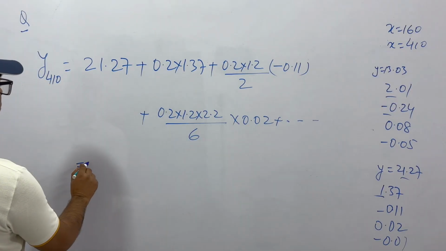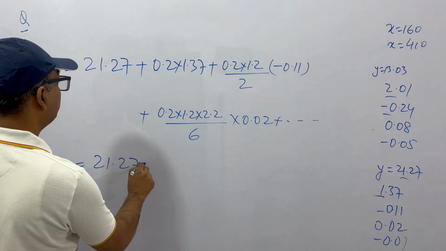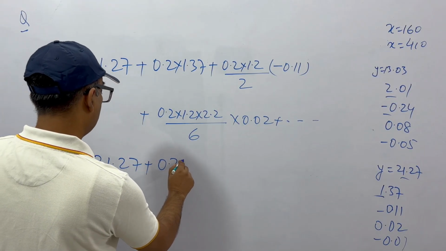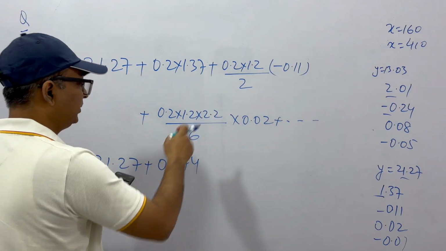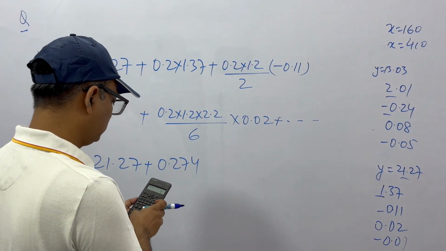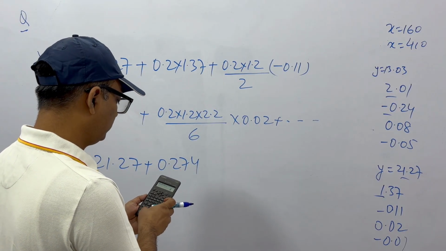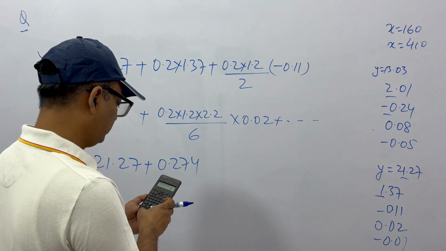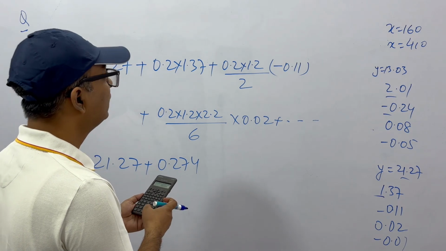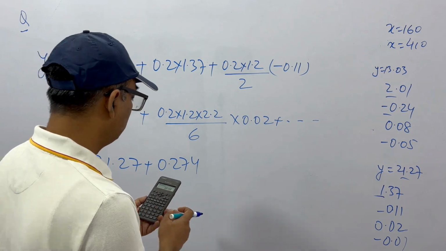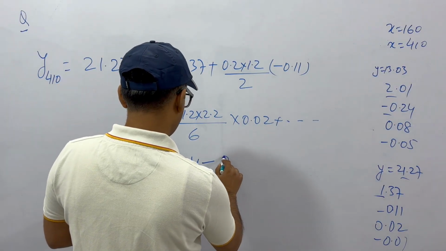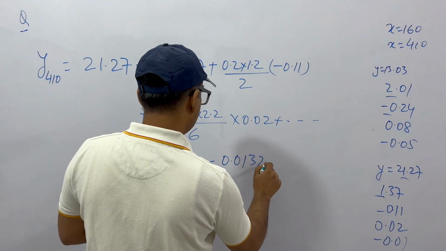So this comes to 21.27 plus 0.274. This will be minus, so 0.2 into 1.2 into 0.11 by 2. So this is minus 0.0132.